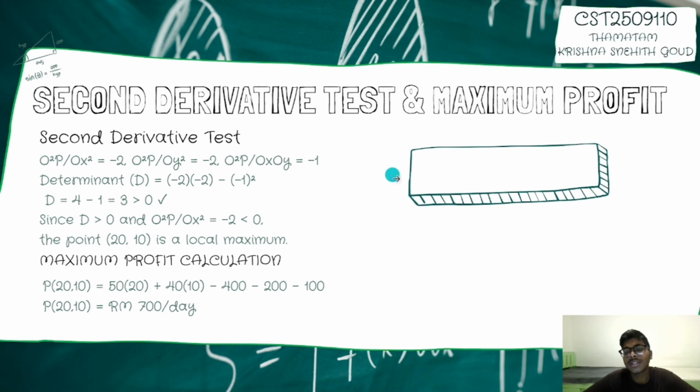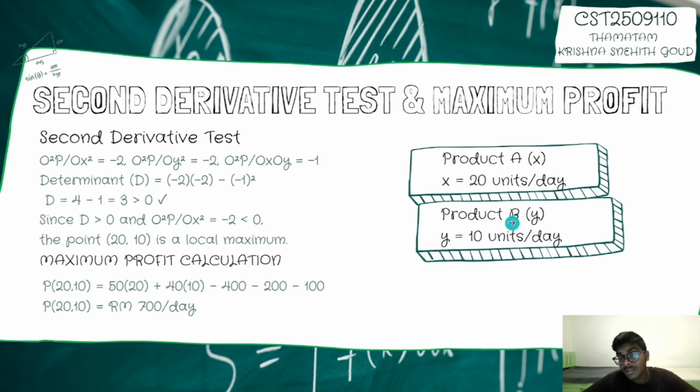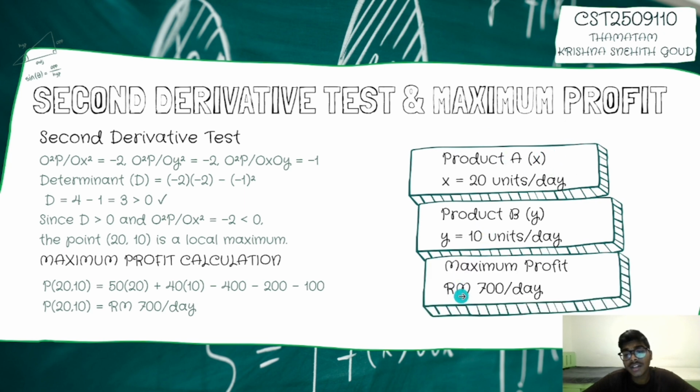In conclusion, product A is x, which is 20 units per day, and product B is y, which is 10 units per day. Finally we got the maximum profit, which is 700 ringgits per day. So that's the maximum profit. That's all, and Abhi will explain the results part and the conclusion.